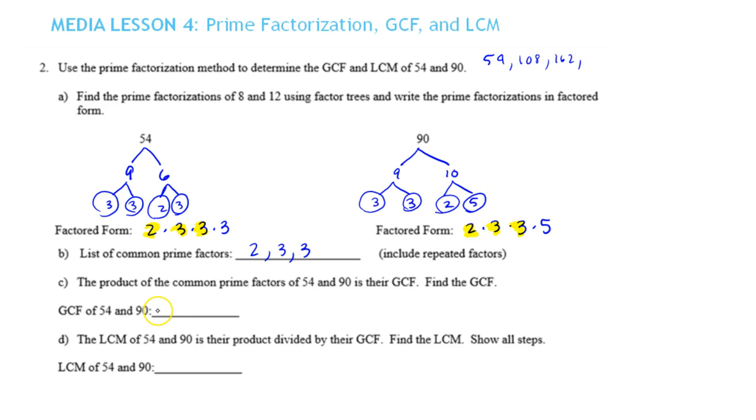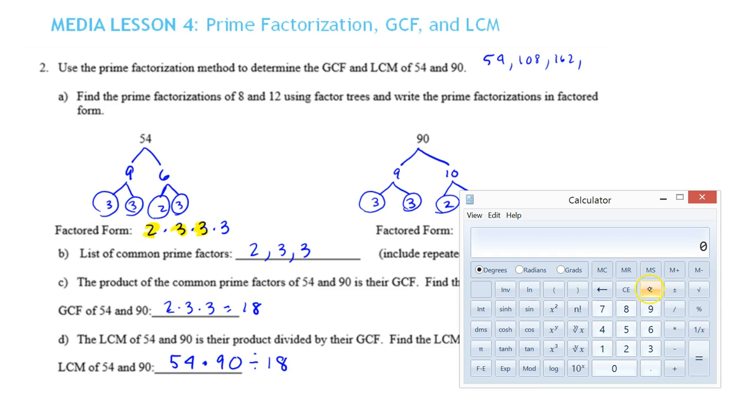So the GCF of these two numbers is 2 times 3 times 3, which is 6 times 3, which is 18. Imagine if you had to make these factor lists, this would take a while. Now let's find the LCM. If we take the product of the numbers 54 and 90, that means multiply them, and then divide by the GCF, 18, we will have the LCM.